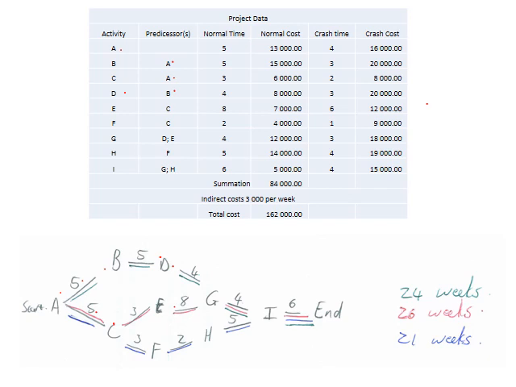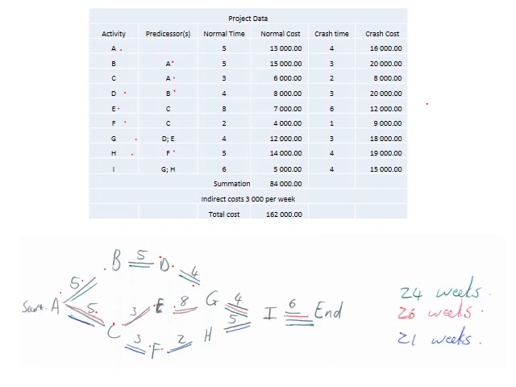So we've got that line drawn, and then we've got C is preceded by both E and F, so followed by E and F, which we find there. Okay, so we've done G, and then we've got H, which is preceded by F, which we've got there.